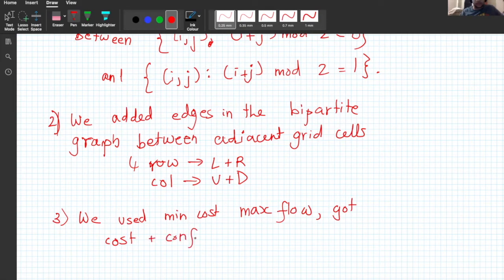Config basically means the configuration, meaning whatever you assign to each node, that's the configuration. So cost plus config for terminal nodes.